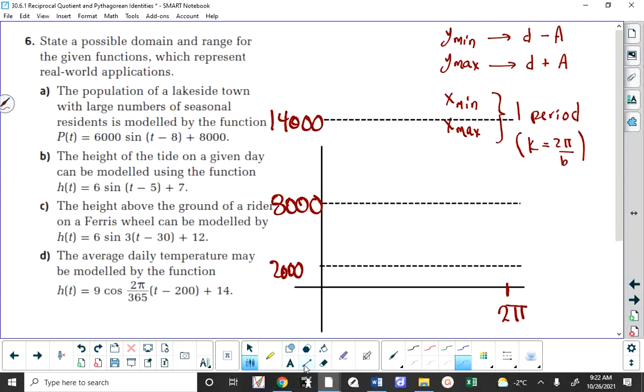If you were asked when is the population 10,000, then you would graph y equals 10,000 and see where it intersects with that function. In fact, I didn't even realize it, but this picture of my graph with the numbers, that's really the answer to 6a. I don't know that I assigned 6. I probably didn't. Okay. But those would be an appropriate domain and range settings for your calculator.